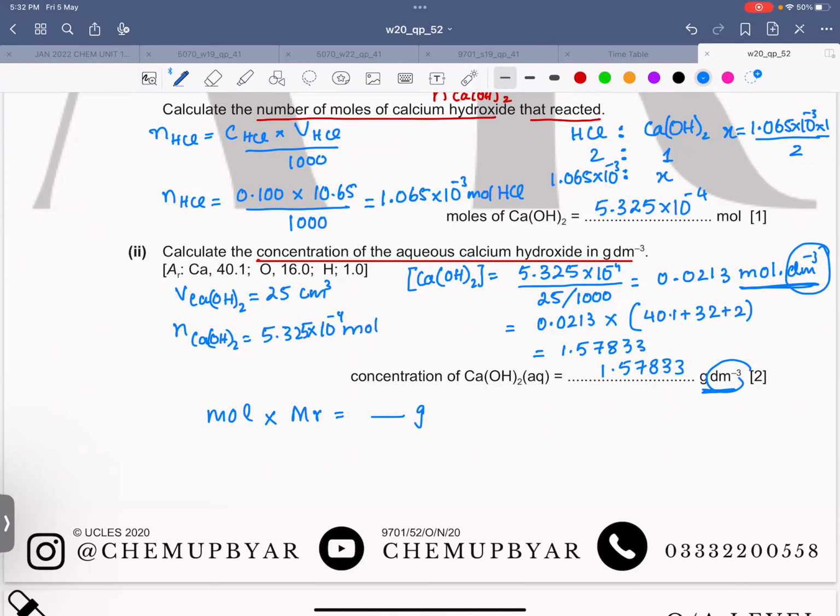Yes, Soleha? Okay, sir. So whenever there is a mole per dm cube, and if I multiply it with the MR, then the answer that I get is actually grams per dm cube. Okay. Okay, sir. Thank you.